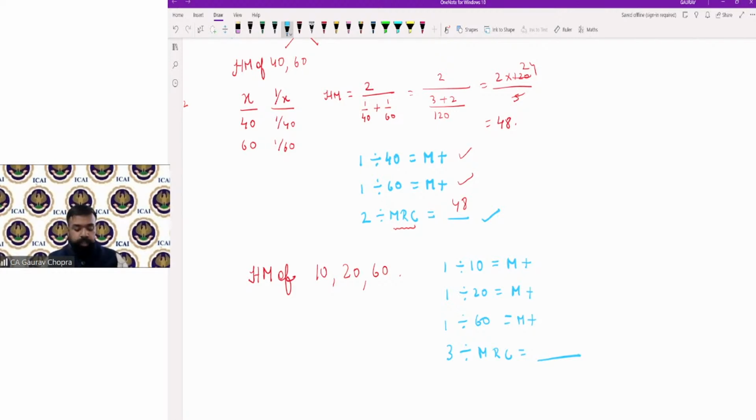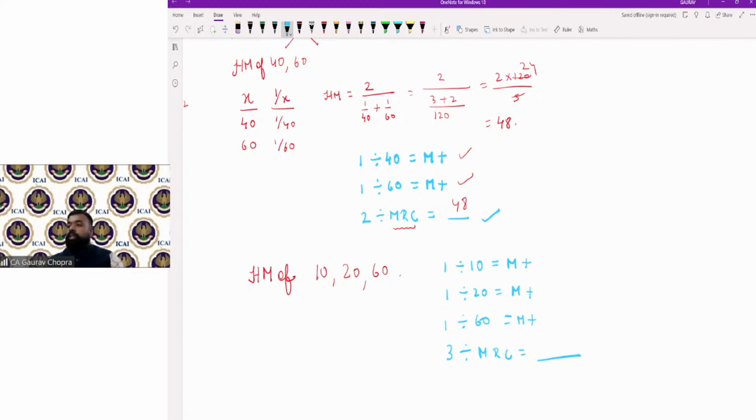So what is the final answer? 18. Yes, Kushi Gupta has given 18.